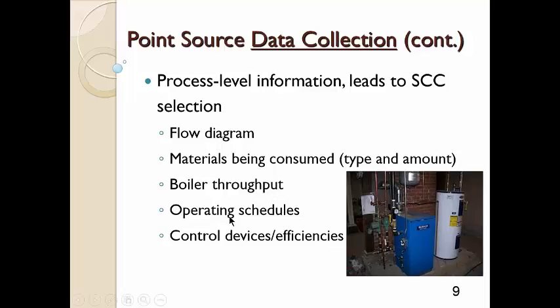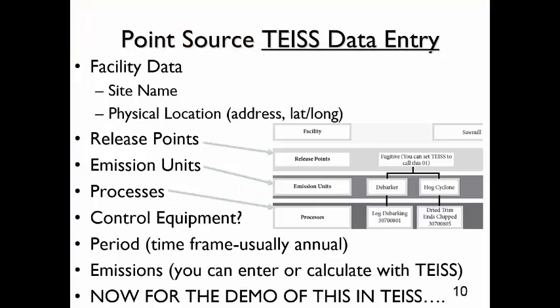Sometimes the operating schedule is important, especially for things like schools or facilities that operate just seasonally. And then, of course, control devices. Is there something on here like a catalytic converter, or filters that reduce the amounts of air pollution being emitted?